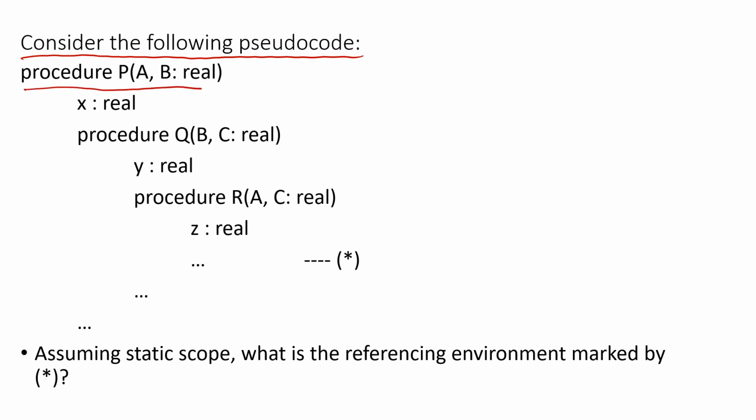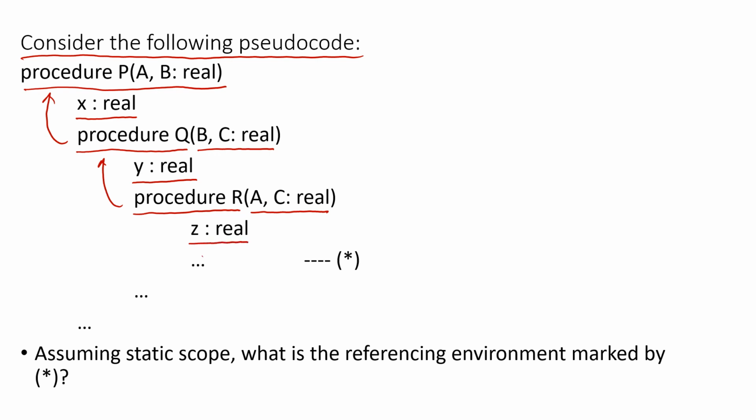Procedure P, which contains two parameters A and B, and it also contains a local variable X. Then procedure Q, which is defined in procedure P. Q takes two parameters B and C and contains a local variable Y. Then we have procedure R, which is defined in procedure Q, which contains two parameters A and C, and Z is a local variable.